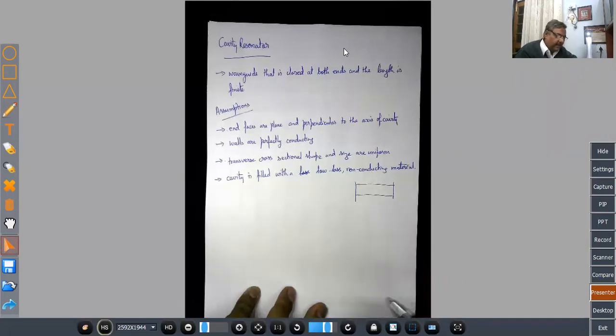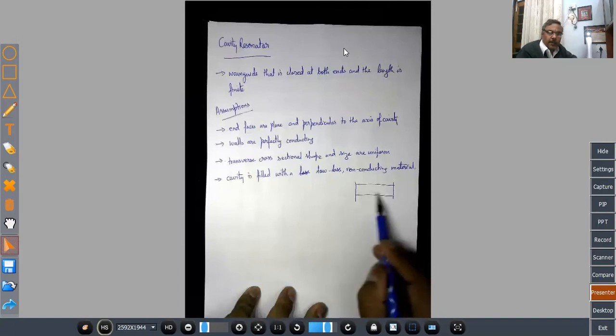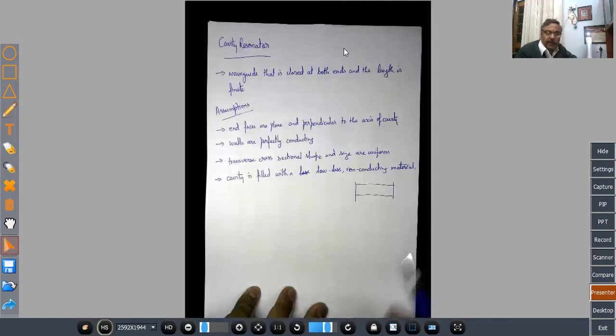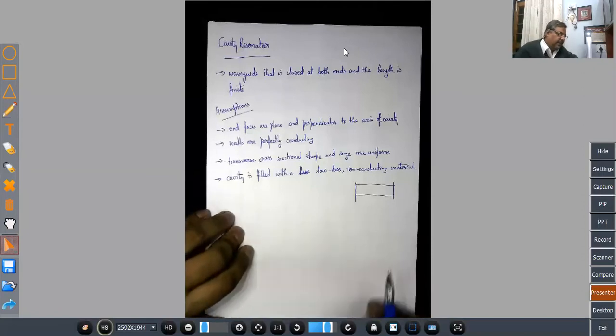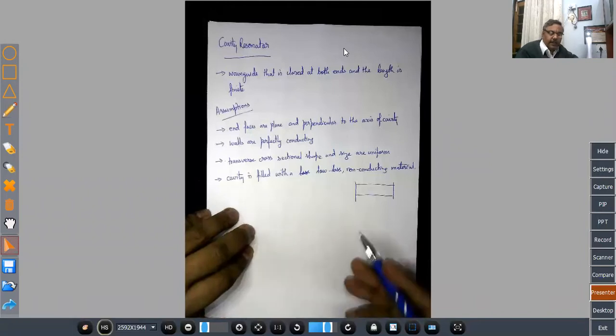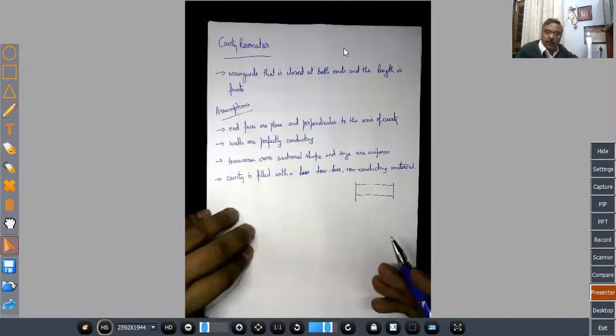And a stage will come that when a standing wave will be formed after superposition of the waves coming in opposite directions, that will result in a formation of a standing wave. Why standing wave? Today we will analyze the nature of that standing wave, what kind of a wave it will be that will be produced.